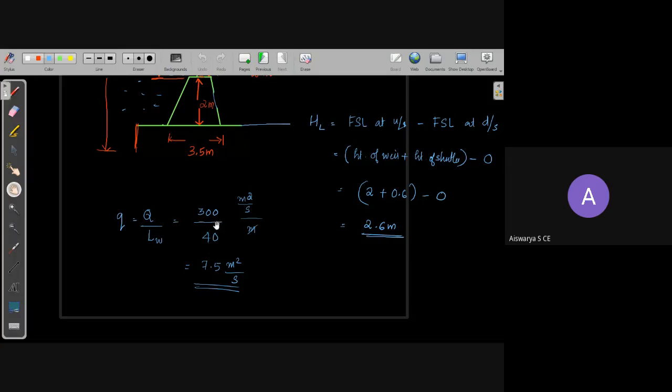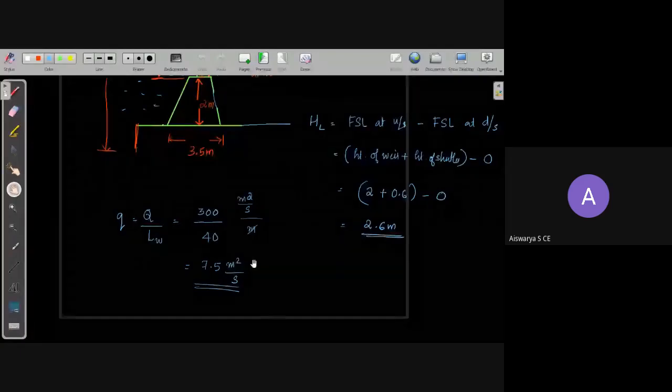You should remember how the unit of discharge per unit width comes: discharge is in meter cube per second and length of weir is in meter, so when you divide them there is a chance you make errors. Do you remember the unit of discharge per unit width? It is meter square per second.